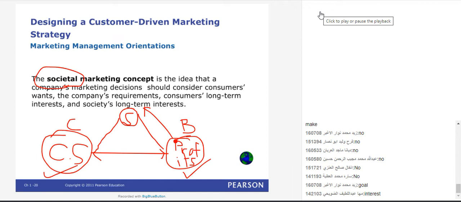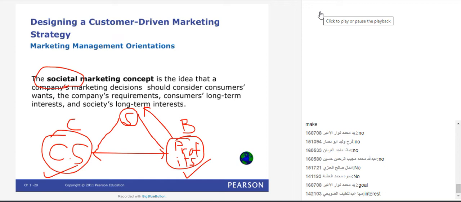Okay, so that's how we can benefit the society. So the business can have profit, and customers get their needs satisfied. Now we have the societal marketing concept, which is paying back something to the society, because we benefit from the society's resources, we are paying back to the society again.